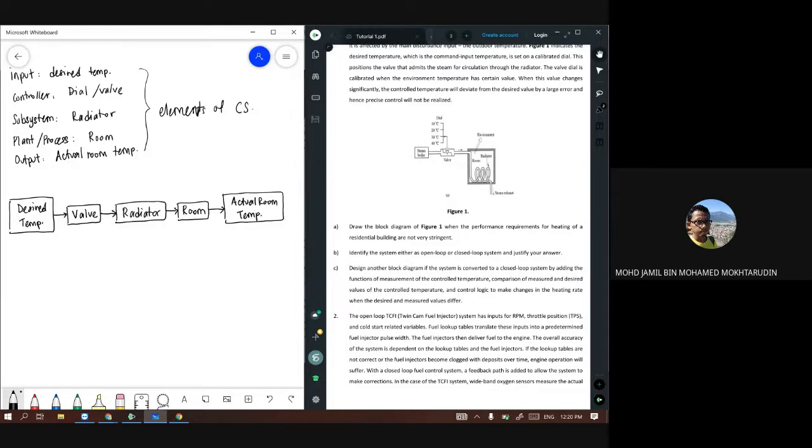For example, you must have the plant here, then the controller, input, output, and maybe the actuator. So usually there will be these 5 things. If you add extra things, it's okay, as long as you have all the 5 things in your block diagram.